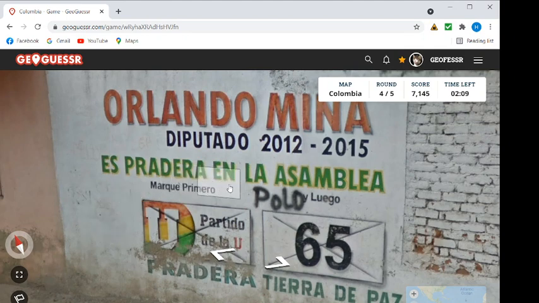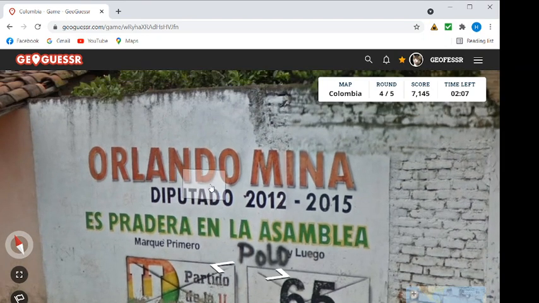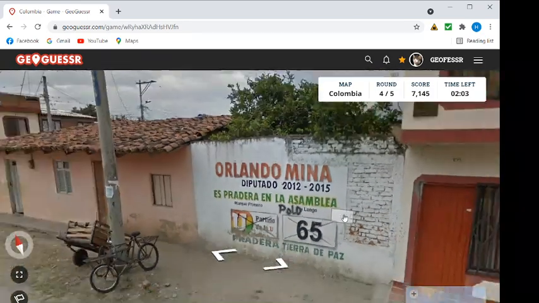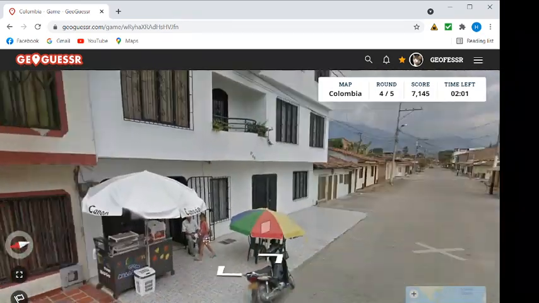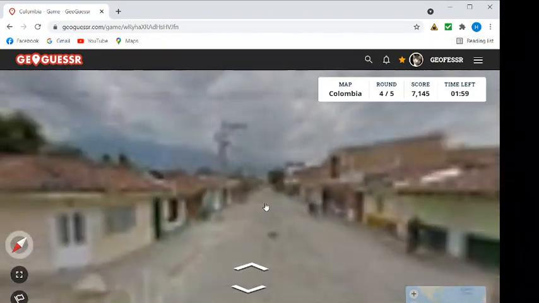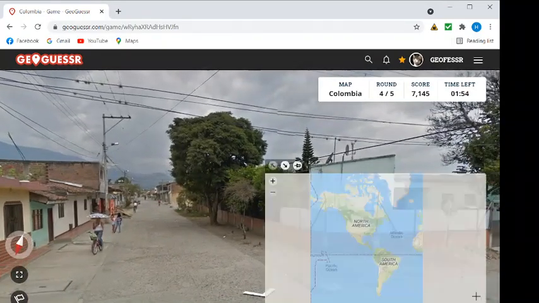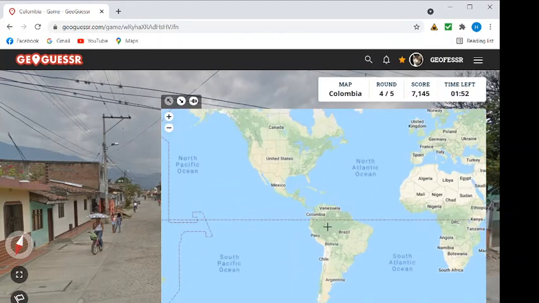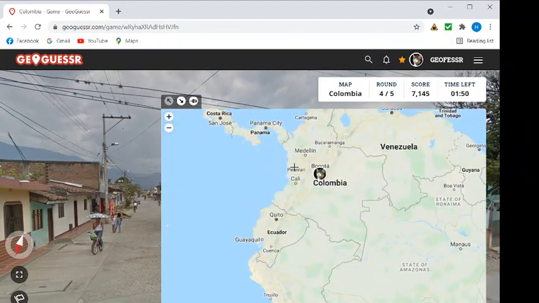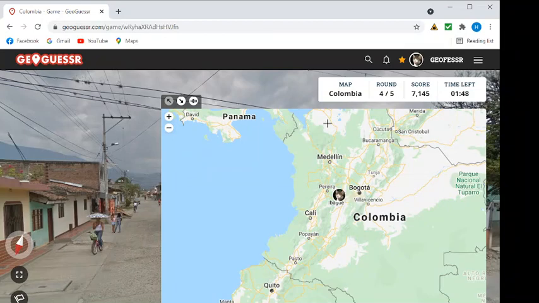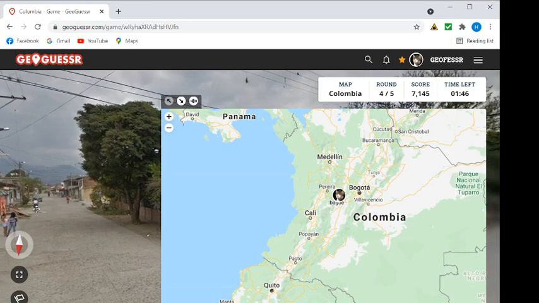The U party. I'm not sure which one that is. Yeah, I'm not seeing a location on there. Okay, so this is, I think, somewhere again in the Central Highlands here.